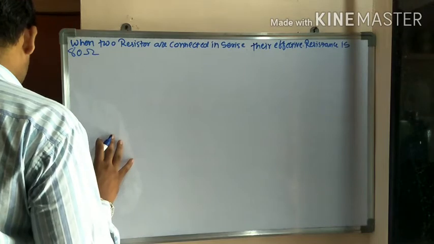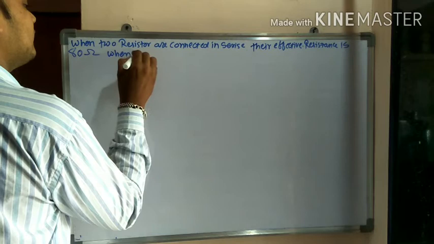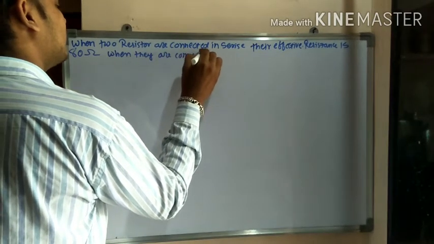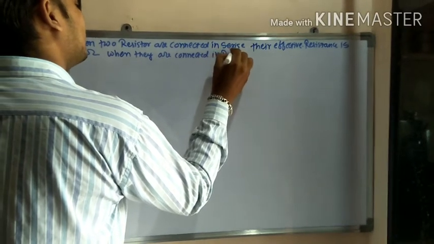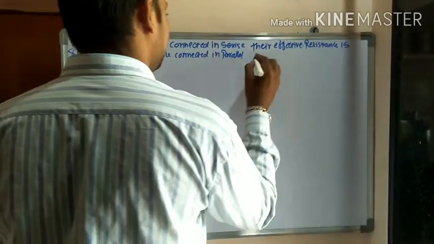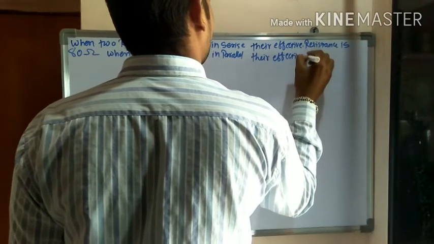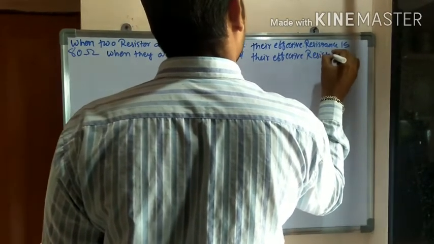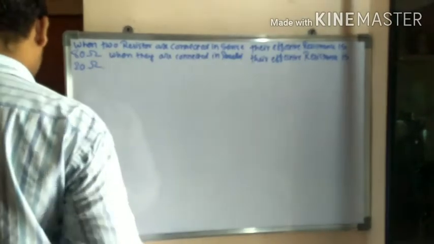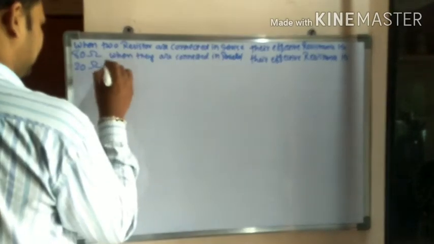Next, when they are connected in parallel, their effective resistance is 20 ohm.